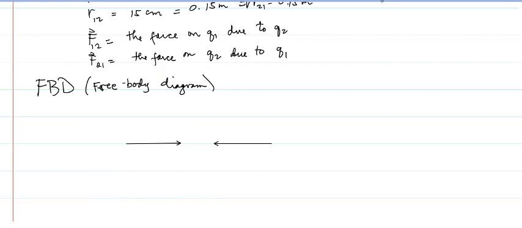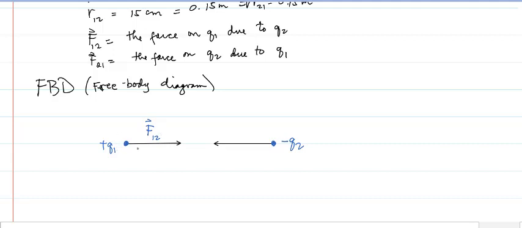So based on the free body diagram, or FBD, if this is the position of our positive Q1, and this is the position of our negative charge Q2, then this force represents, by our notation, F12, or the force on our charge 1 due to charge 2.